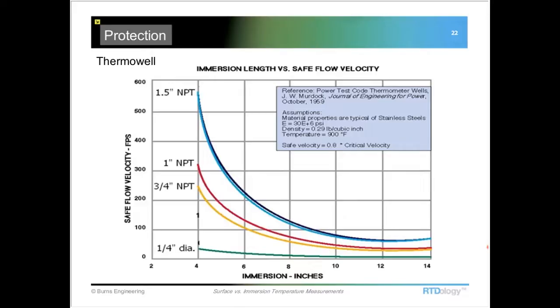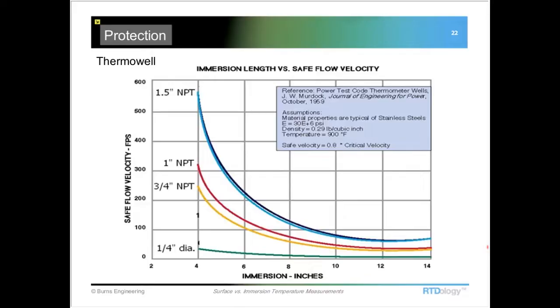And I've seen more than one failure from a sensor being put into, even a tank, but especially in piping systems, and the flow is just too fast for that sensor.